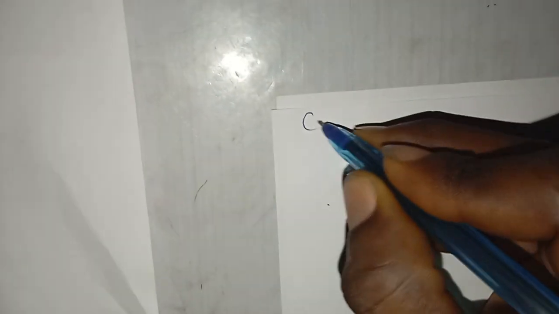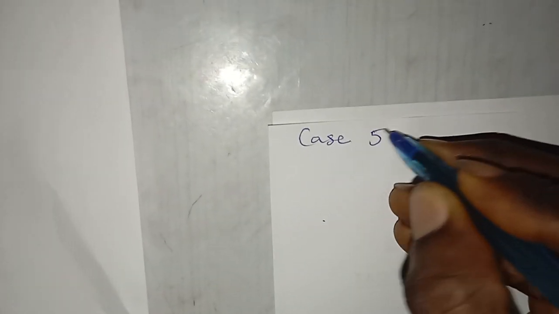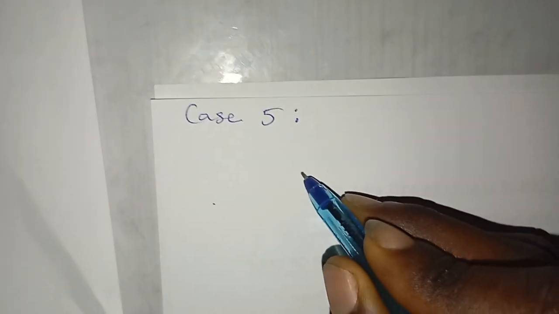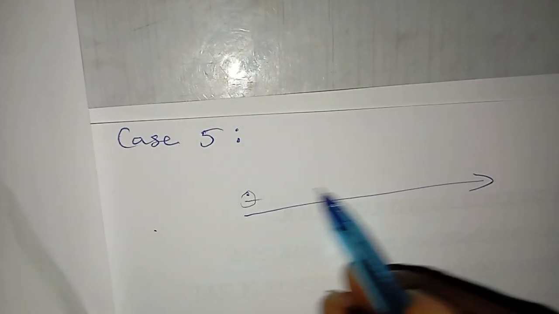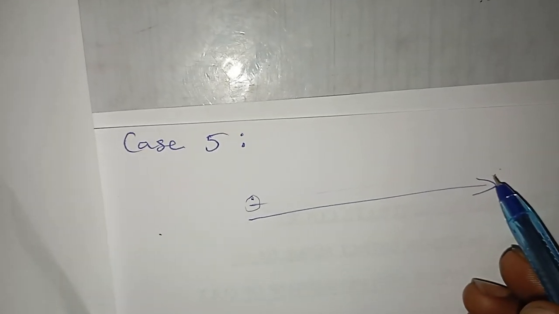Case 5: they tell you a body is projected horizontally, like you play a ball to your friend and he traps it. That ball is projected horizontally. So he has no business with the vertical.